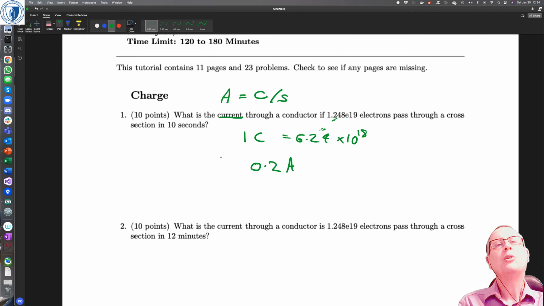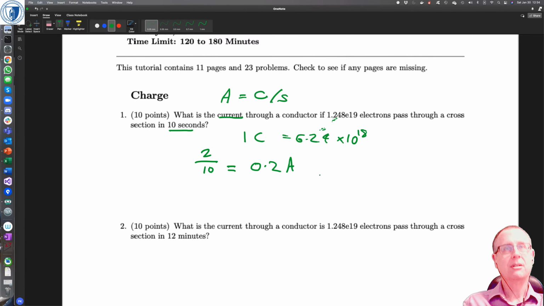So if we've got 2 coulombs in 10 seconds, that's 2 coulombs on 10 seconds, which seems about right. Okay, that's good.